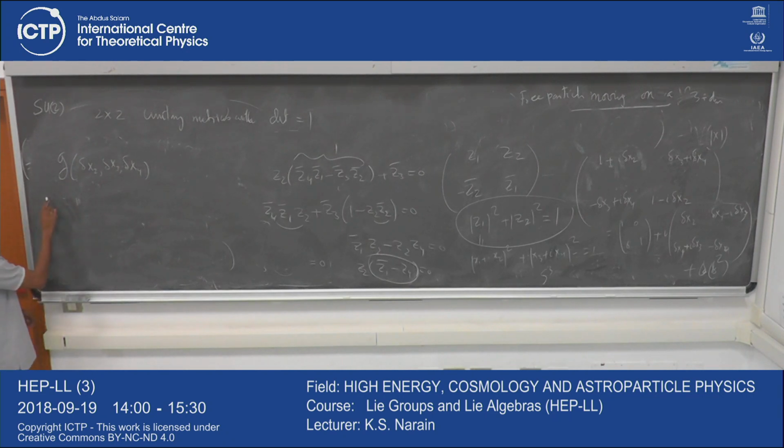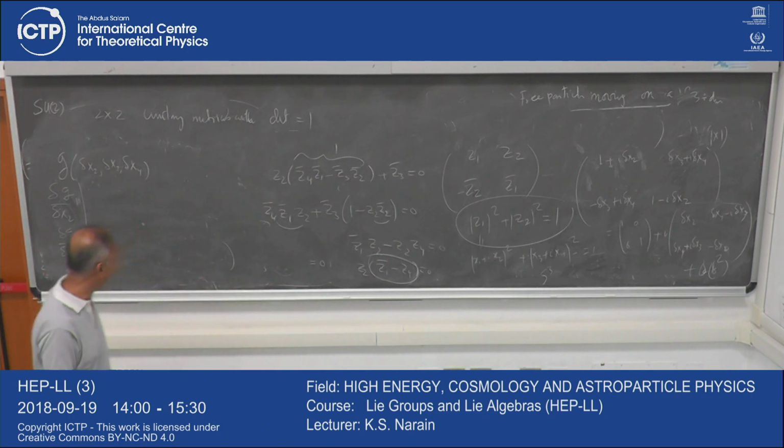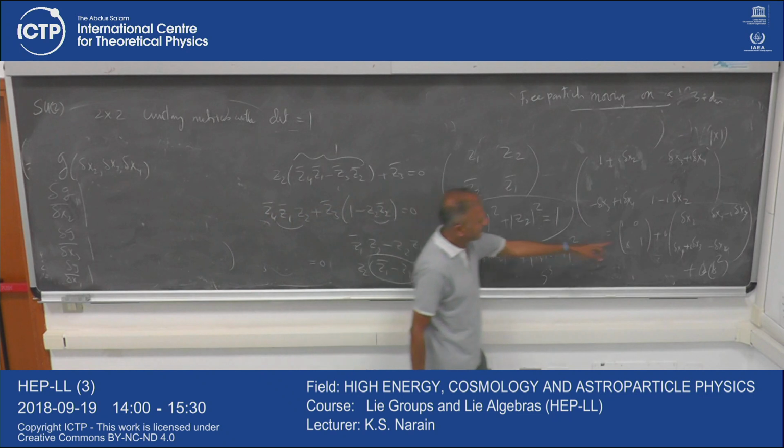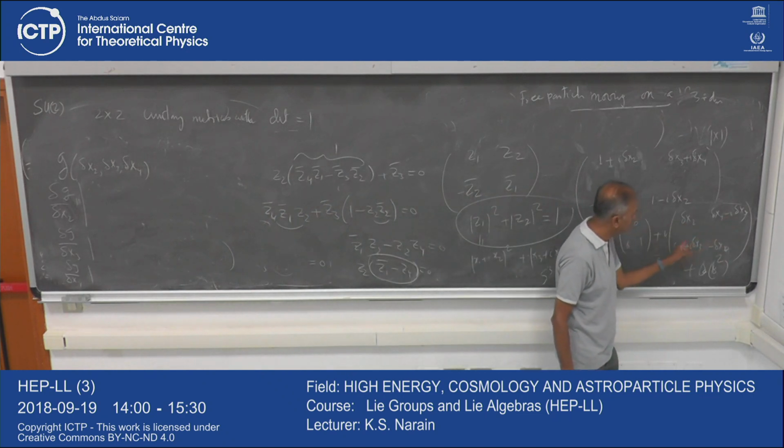So the various generators will be delta G by delta x2 with everything set to 0, delta G by delta x3 with everything set to 0, and delta G by delta x4 with everything set to 0. That will give me 3 independent generators. Pauli matrices? Exactly, that's the point. That's why I wrote it like that, actually, I times the parameters. If I take the delta x2 variation, you see that delta x2 appears here, not there. You have 1 here and minus 1 here.